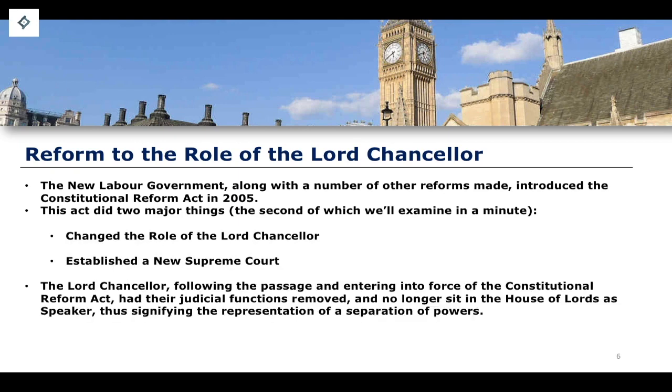Following the passage and entering into force of the 2005 Constitutional Reform Act, the Lord Chancellor had their judicial functions removed, and they no longer sit in the House of Lords as the Speaker. This represents a significant representation of a separation of powers. What is interesting is there were definitely debates and the possibility for the role of the Lord Chancellor to just be abolished, to abolish that institution completely, but owing to pushback, they simply made reforms to this position.